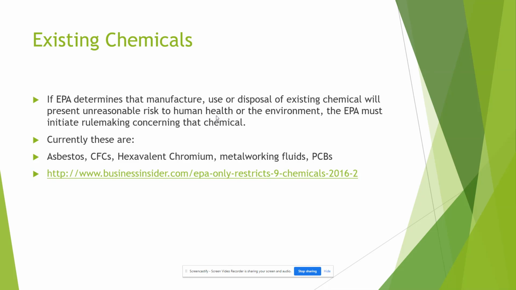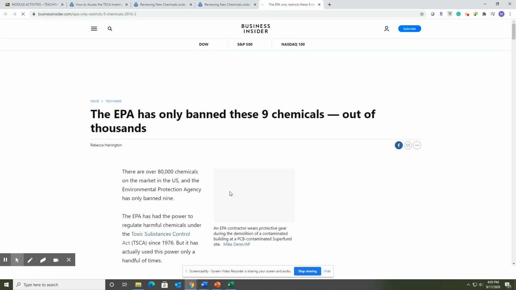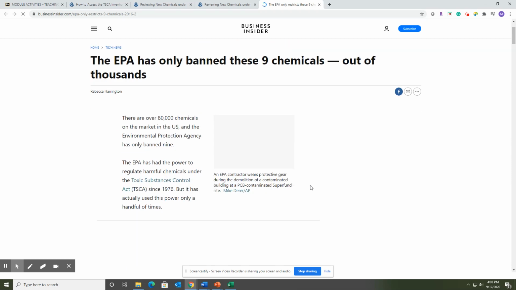All that good stuff. What's this? The EPA only restricts 9 chemicals, according to Business Insider. Out of thousands, they only ban 9 chemicals.